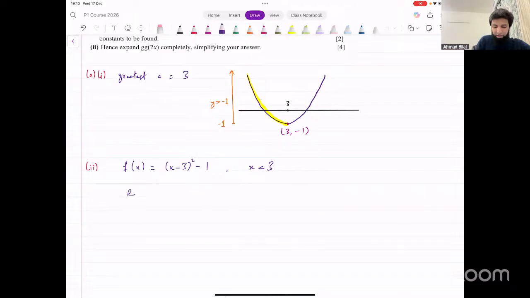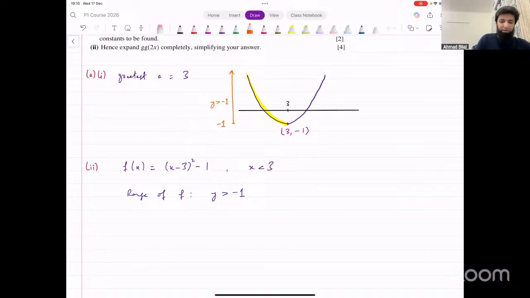You say the range of f is y greater than -1, because on the graph, you can see y could take any values greater than -1. That's the range of the function. Is that all right? Any problems with this?